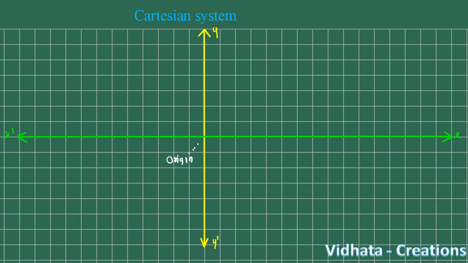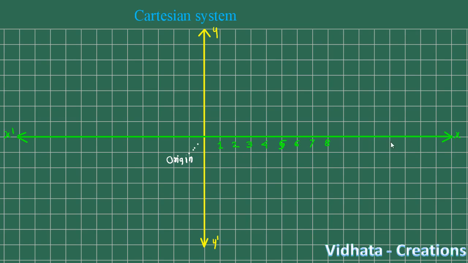Now if you consider the x-axis, that is a number line. So here I will write 1, here 2. All these distances are equal. All divisions are equal. 1, 2, 3, 4, 5, 6, 7, and so on, at equal distances.